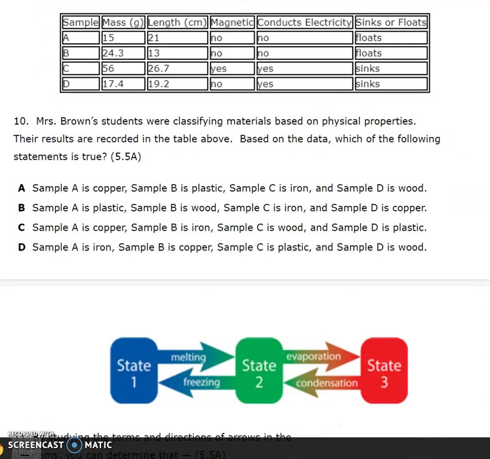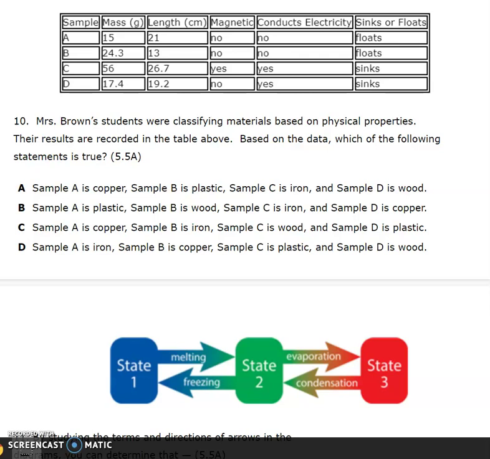Number 10. Ms. Brown's students were classifying material based on physical properties. Their results are recorded in the table above. Based on the data, which of the following statements is true? A. Sample A is copper, sample B is plastic, sample C is iron, and sample D is wood. B. Sample A is plastic, sample B is wood, sample C is iron, and sample D is copper.